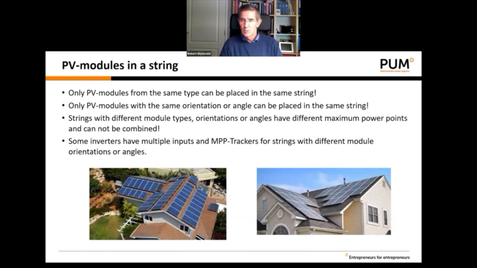In this case, I would advise making 2 strings, one with the panels on the left side of the roof, and another string with panels on the right side of the roof, which have different angles and different orientations. And put these strings in separate inputs of the inverter, each with its own MPP tracker.